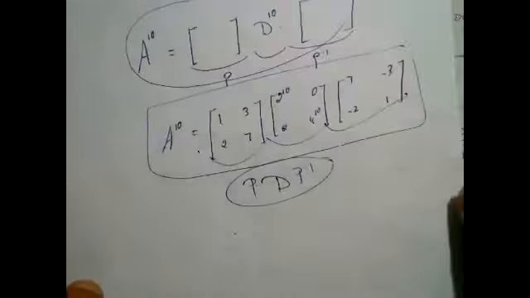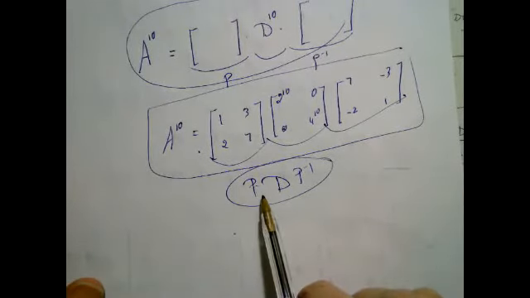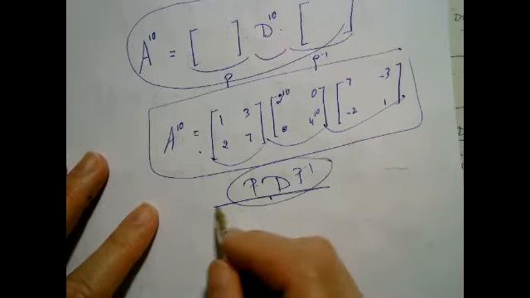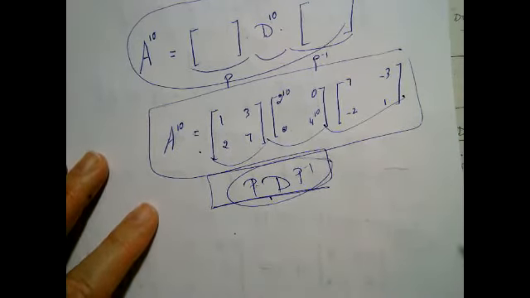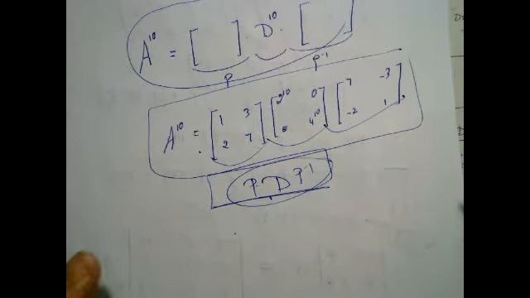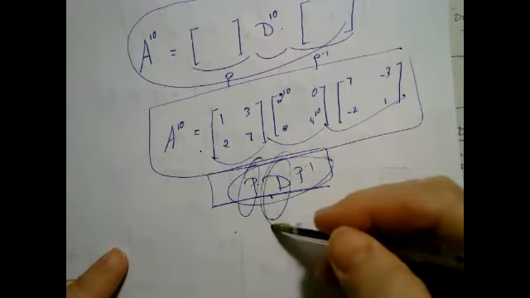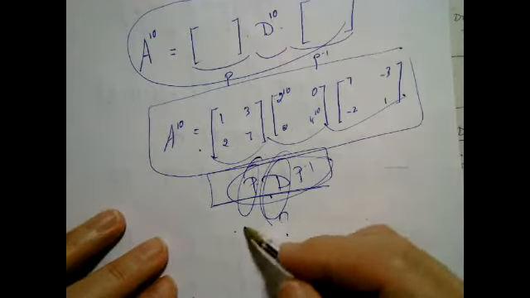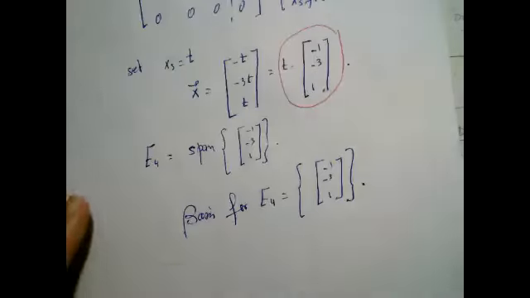So the question in today's section is the following. Is every matrix diagonalizable? It means, can I factor out every matrix this way? Second, what are the P and the D in this factorization?